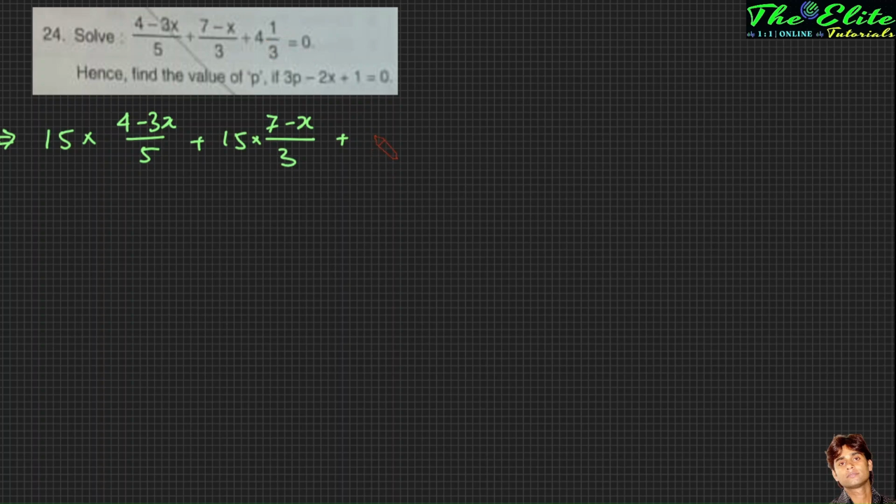So 13 by 3 will get multiplied by 15, and anything that you multiply by 0 becomes 0 only. Clear? We can write 0 multiplied by 15, but it will give you 0. Okay, you want me to write? No problem. It will be cancelled out, giving you 5 here and again 5 here.